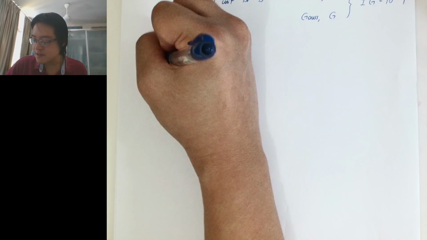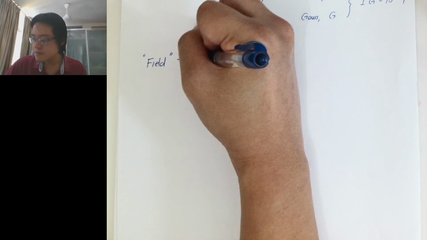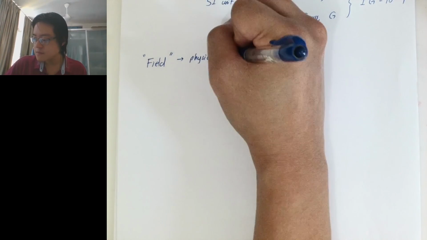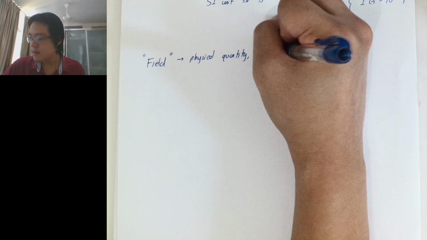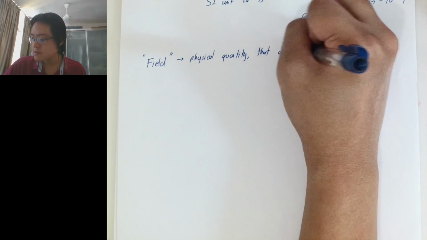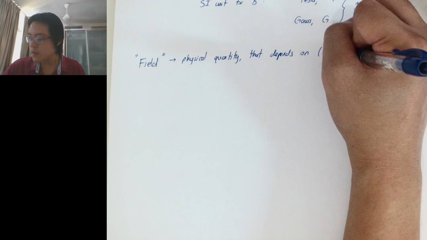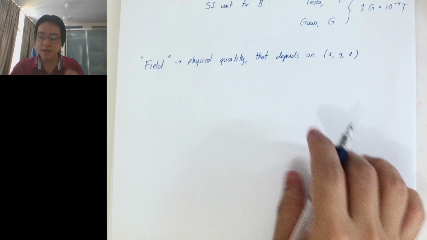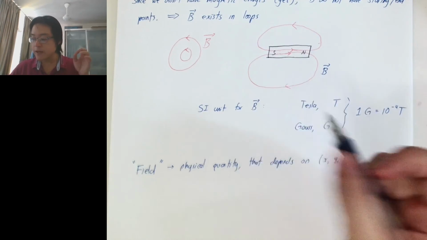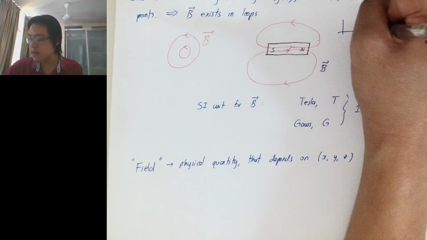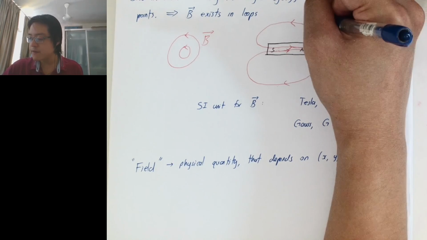A field is basically a physical quantity that depends on position, so x, y, z. So for the magnetic field, it means that at every point, if I specify a point with coordinates x, y, then I can get the field.